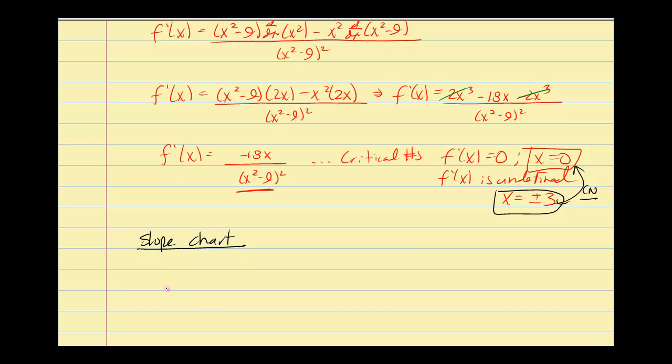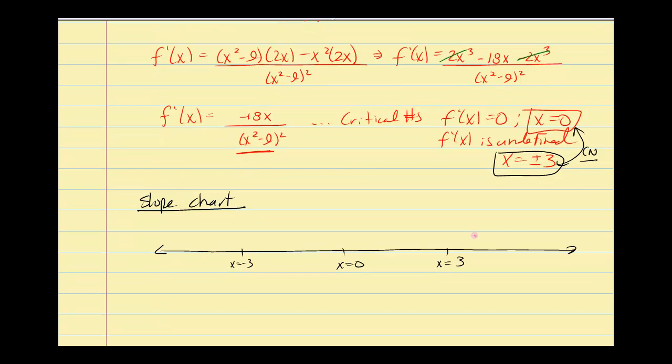Now again, the slope chart is just a number line, and then I plot my points, and I have x equals negative 3, x equals 0, and x equals positive 3. For the slope chart, I check values in these intervals in my first derivative. I'm looking for intervals where my function is increasing and decreasing, and I'm also looking for possible extrema.